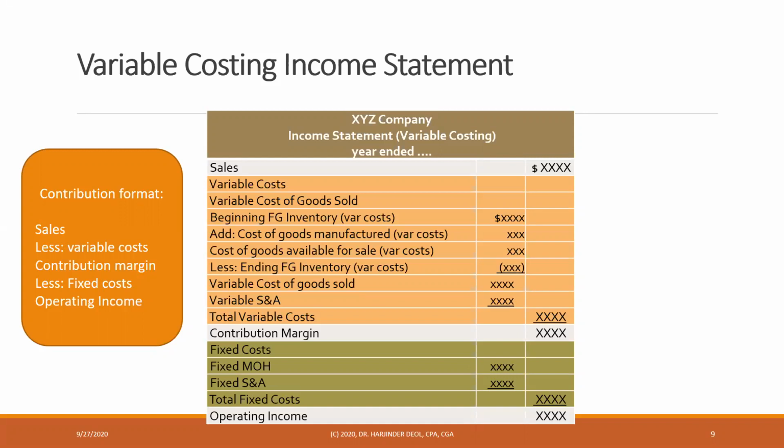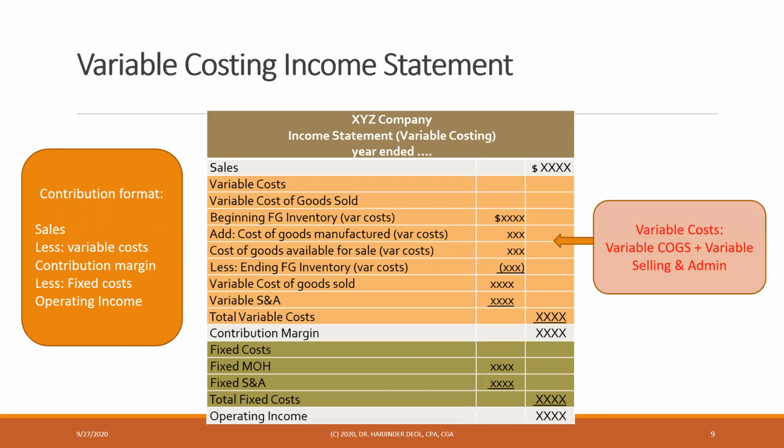Out of that contribution margin, we will deduct our fixed cost, which is your fixed manufacturing overhead, which under the variable costing view is seen as period cost. So your fixed cost is your fixed manufacturing overhead as well as your fixed selling and administrative expenses that are deducted to give you the resulting difference of operating income or loss.